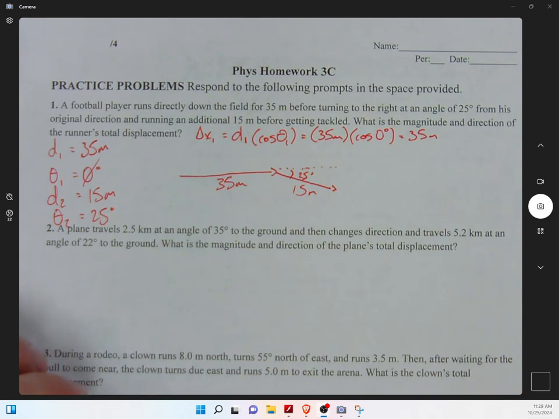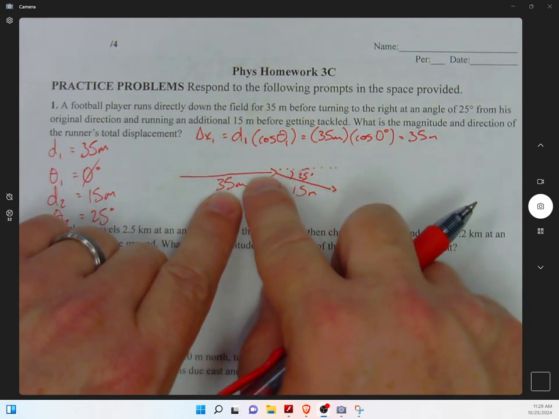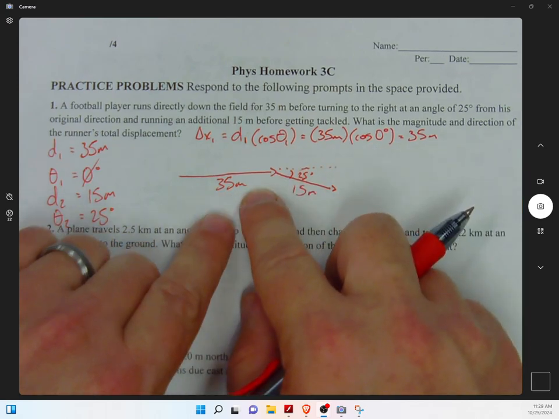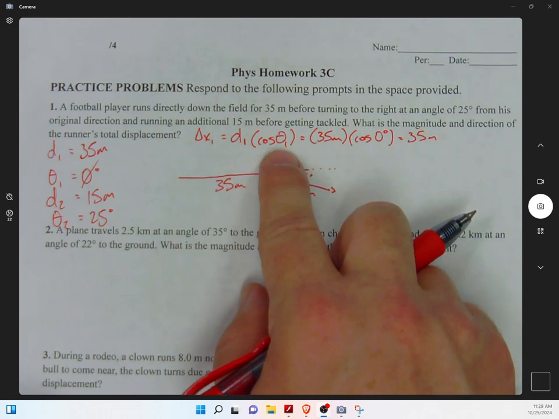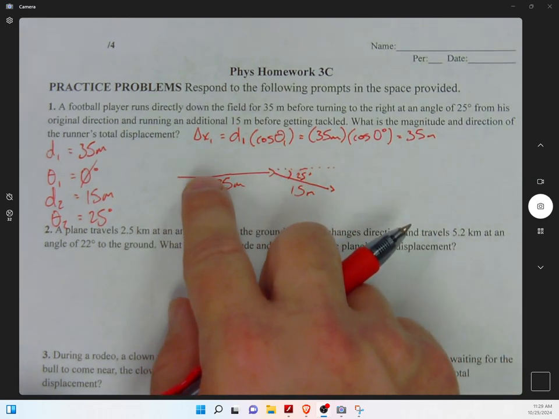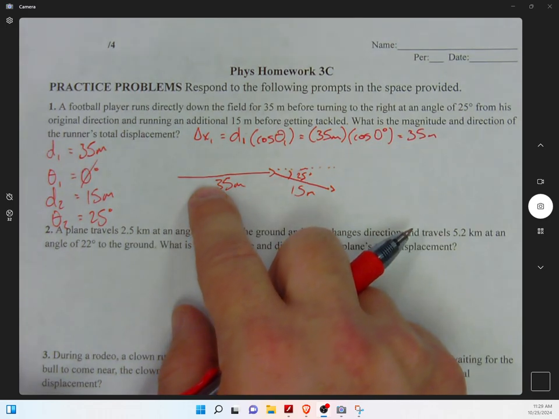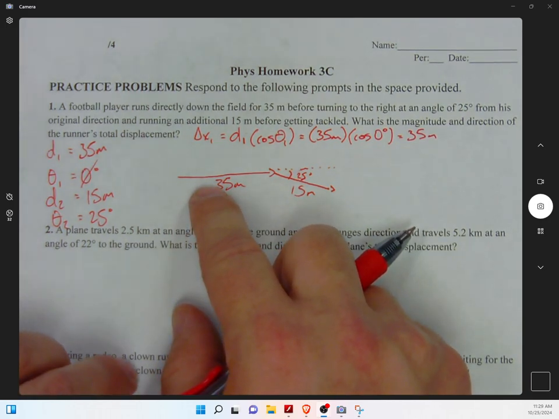Now, if you look at this, we're like, well, no, duh. I mean, it's the same number here. But I'm just pointing out that if you have the correct angle in there, it'll still give you that the x component of this movement is 35, right? Because there's no y component.